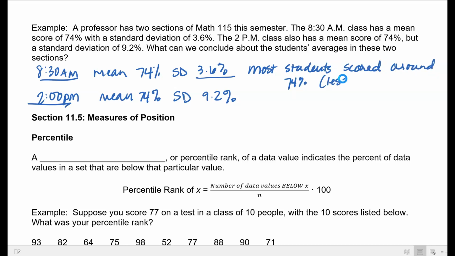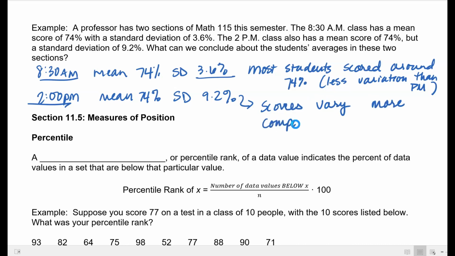Okay, so less variation than the afternoon class. In the afternoon class, I would say scores are going to vary more compared to the morning class.